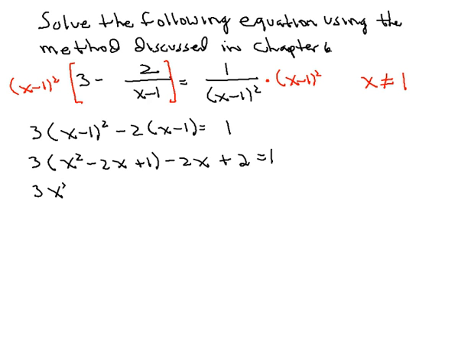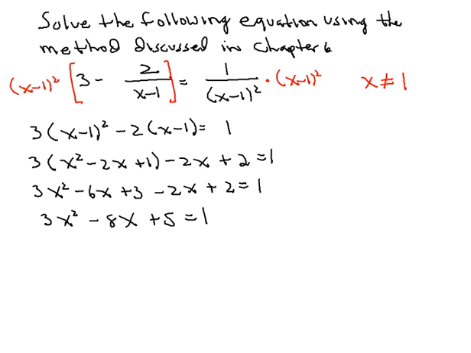So we have 3x squared minus 6x plus 3 minus 2x plus 2 is equal to 1. And now if we combine terms on the left-hand side, we'll have 3x squared, and we have a negative 6x and a negative 2x, which will produce minus 8x. And 3 and 2 added will produce 5, being equal to 1.